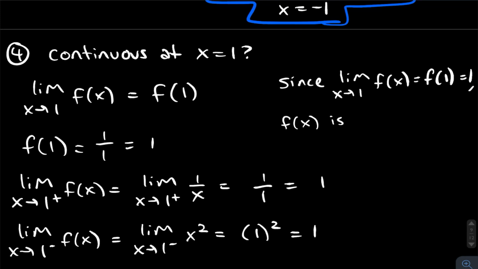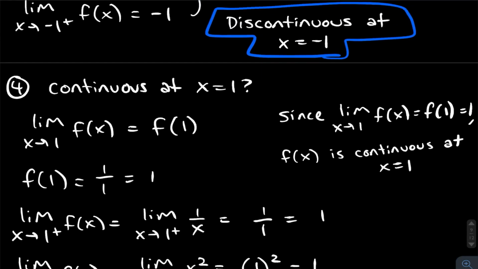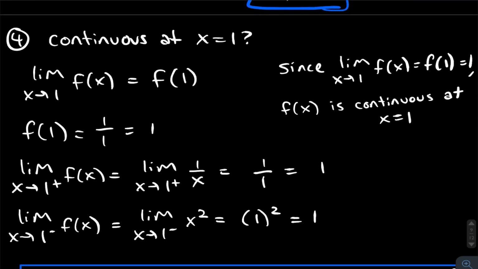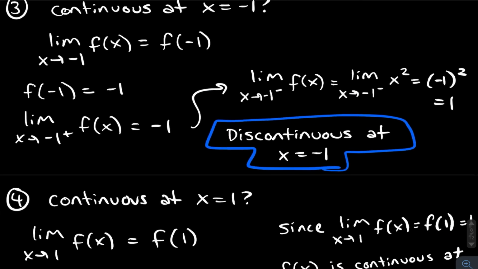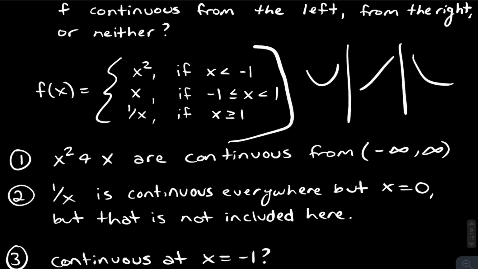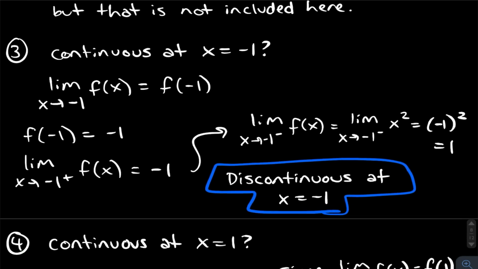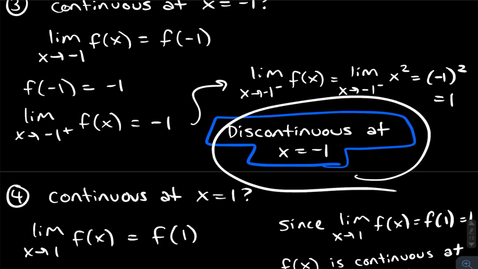I had like a little brain fart there. Okay, so that's something interesting to note. And so over this entire piecewise function, the only place we have a discontinuity is at x equals -1.